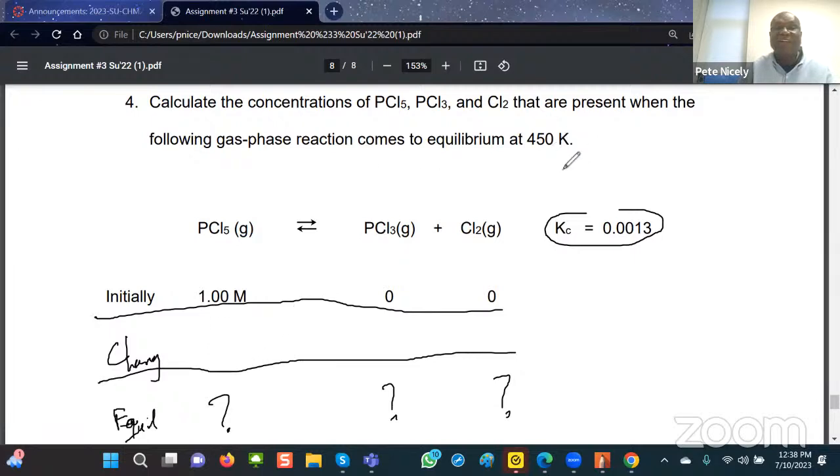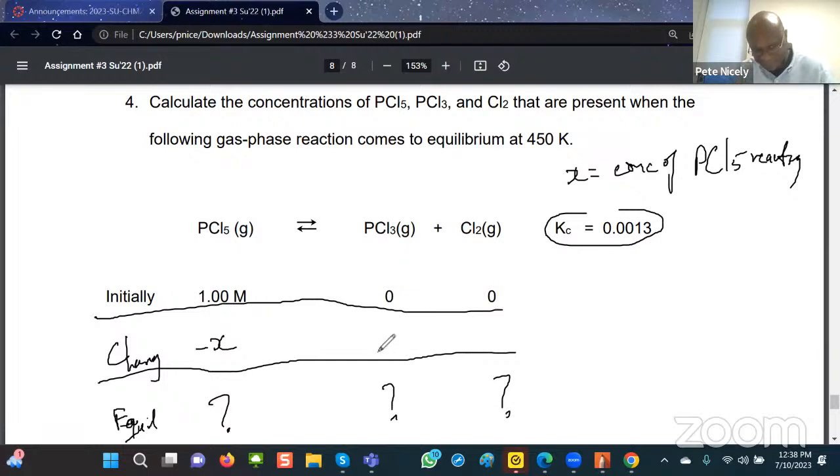So what I'm going to do here is say let X equal the concentration of PCl5 reacting. All right. So that means that the change here for the PCl5 would be minus X. So what do you think the changes for PCl3 and Cl2 would be?